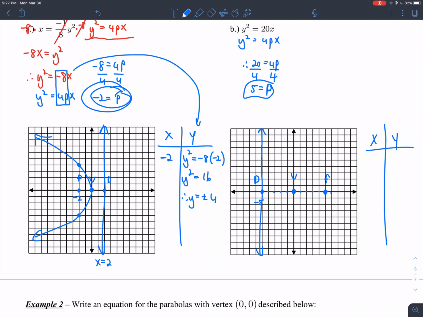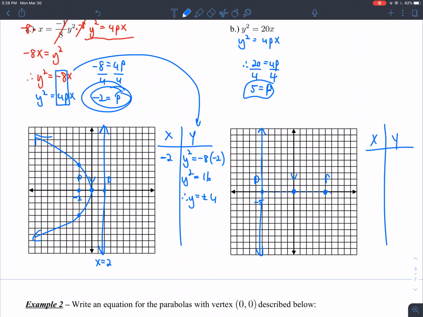And in this case, it actually means just find one x value. Notice if this was x squared equals 4py, then I would find one y value, plug it in, and get 2 x values. Okay, kind of the other way around.